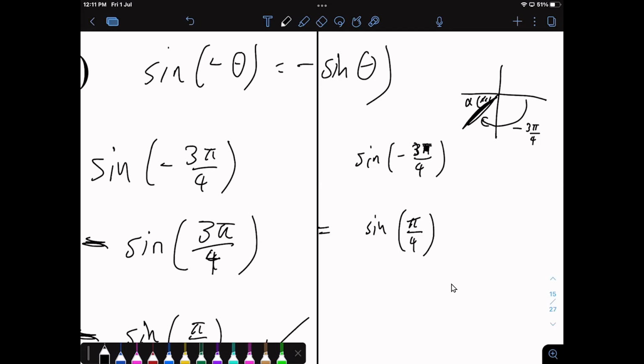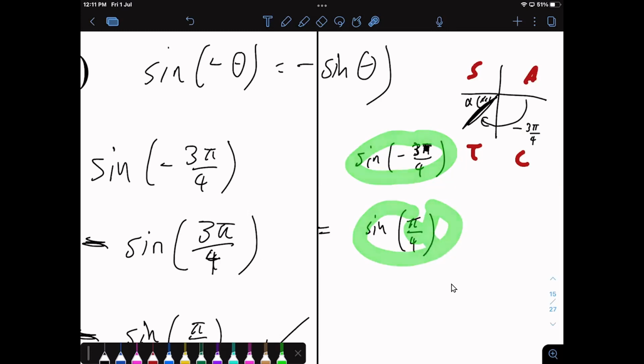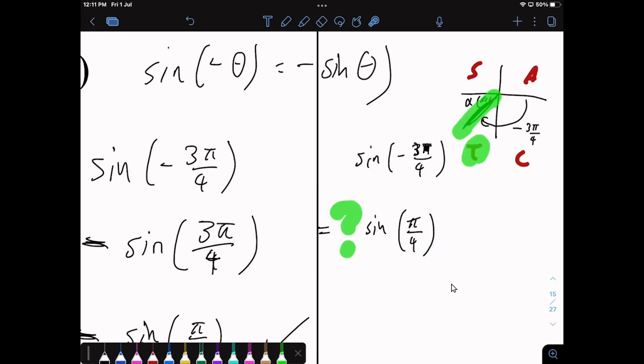But ASTC, this is T. So what's the sign here? I mean, the sine sign. Convert into sine of the alpha, but then plus or minus. Is minus.